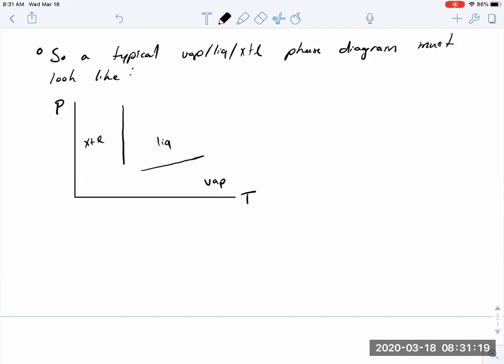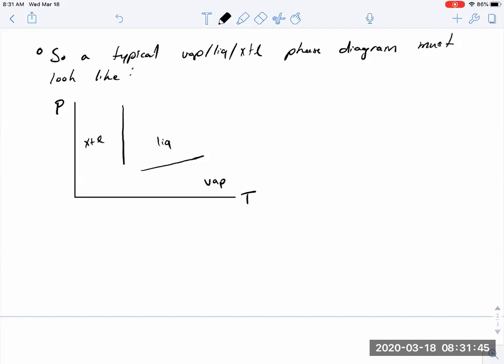Do the entropies and volumes change in the same way? So a vapor relative to a crystal certainly has a larger volume. What about the entropy? Is the entropy of a vapor larger than the entropy of a crystal? Of course it is. So it will also have a positive slope.